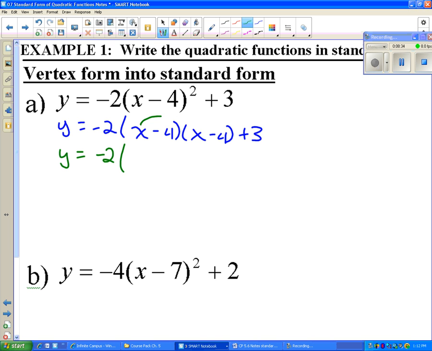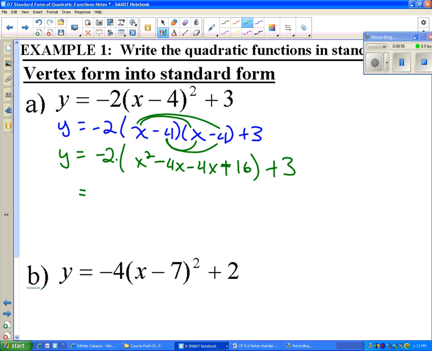First, x squared, outer minus 4x, inner minus 4x, last minus 4 times minus 4, which is plus 16. I still have the plus 3 on the outside on the right and the negative 2 multiplied on the left.